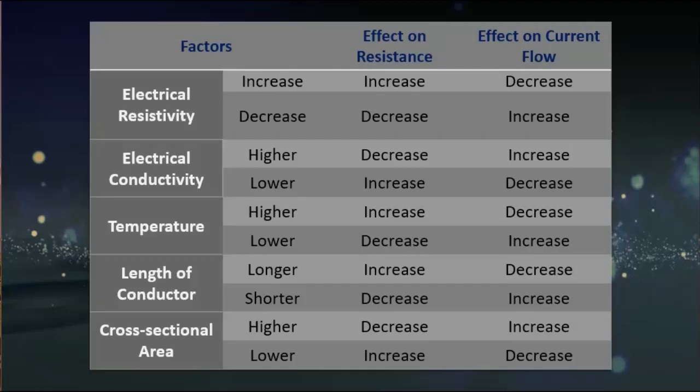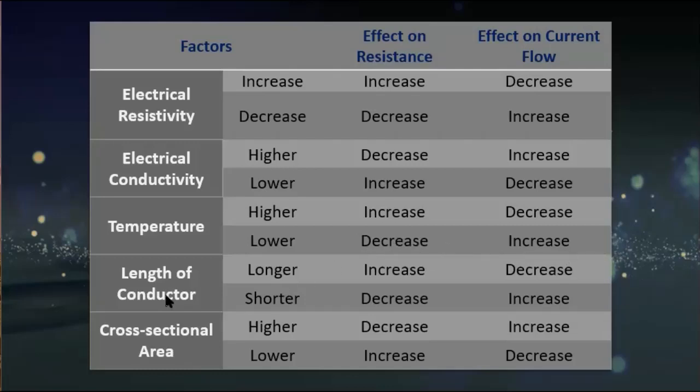Kay irritated man ka, so munang dili kayo smooth imuhang dagan. The higher the temperature, effects on resistance increases, and on current flow decreases. If lower temperature, decrease ang resistance, effects on current flow mo increase, kay condition man kay ka.